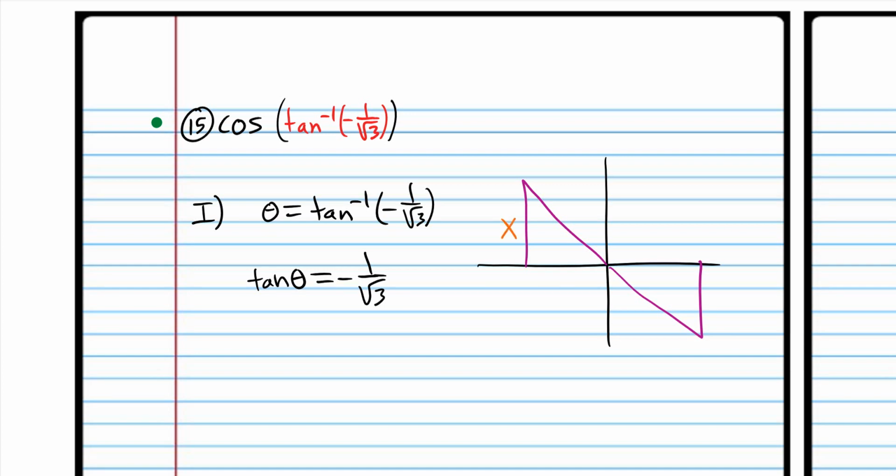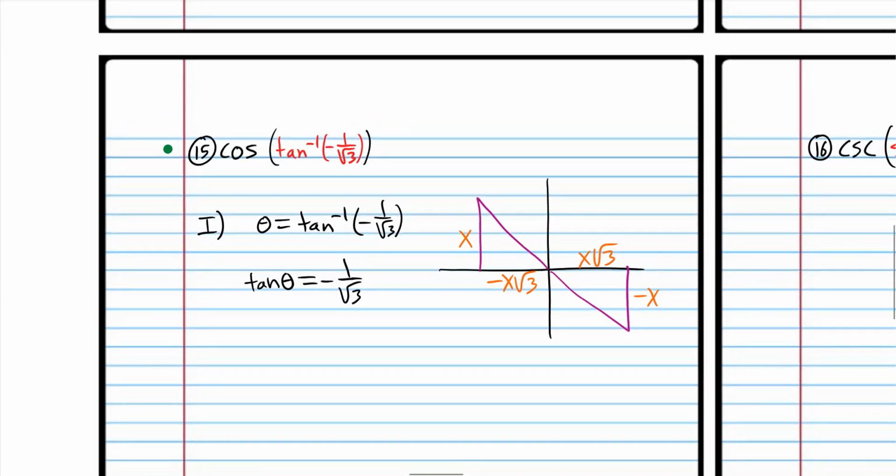Tangent is opposite over the adjacent side. And the reason I know the triangles have to be in the second and fourth quadrants is because the signs have to be opposite for the legs of the triangles. And the angle opposite x is always 30 degrees, so that's our reference angle.